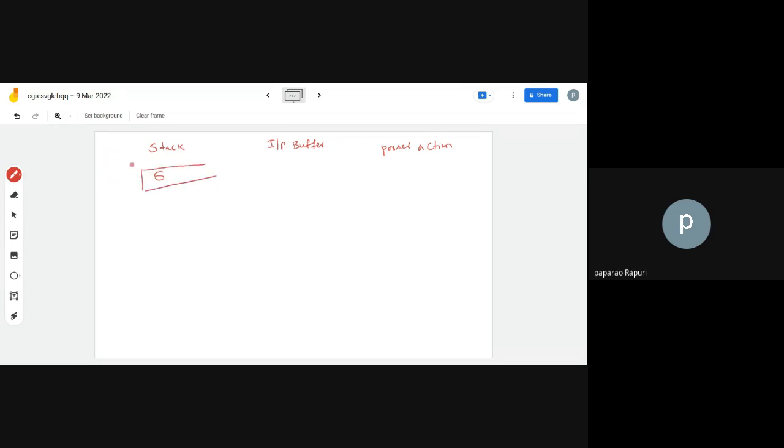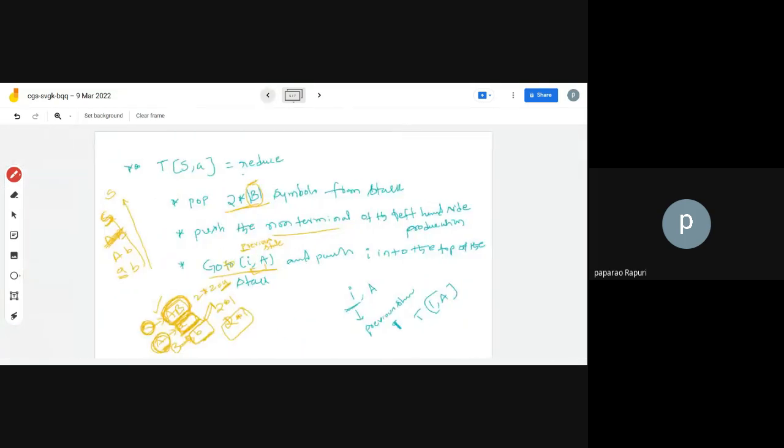Initially, the stack has the symbol dollar and the given input is AB dollar. AB is the given input string and it has to end with dollar. So what action do we have to perform?